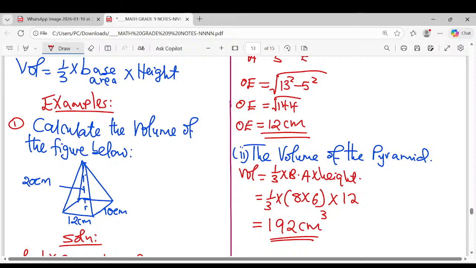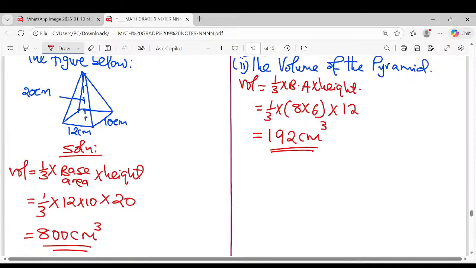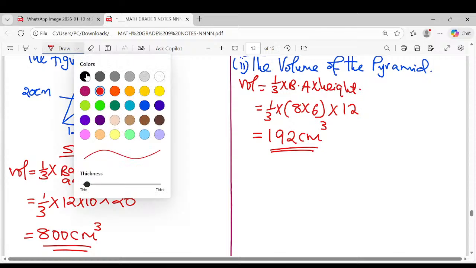Let's have a look at question number 2. Example number 2 on the same.